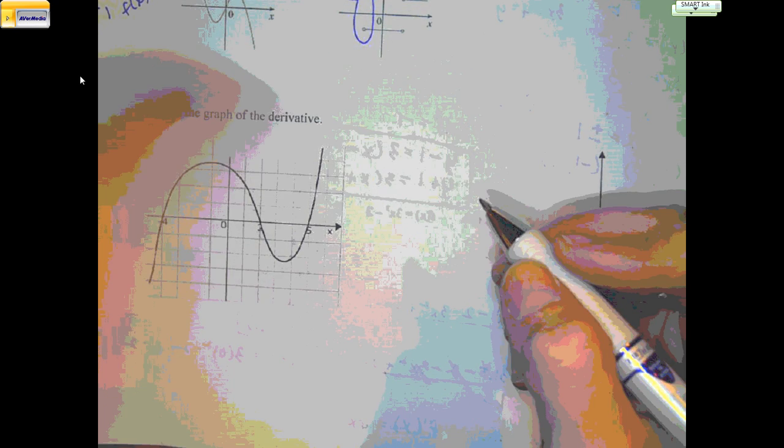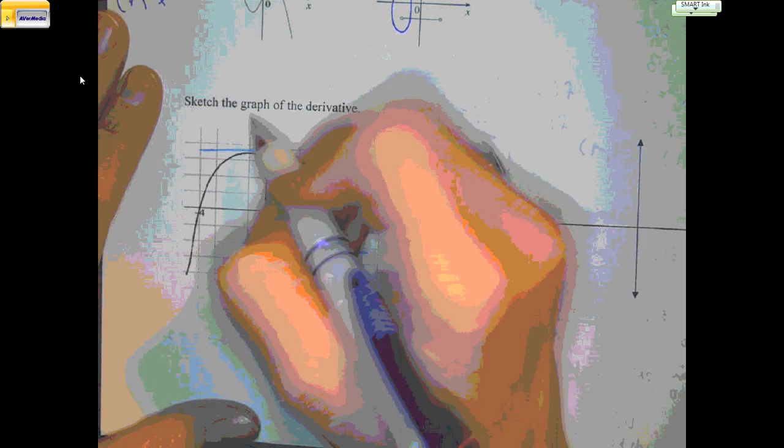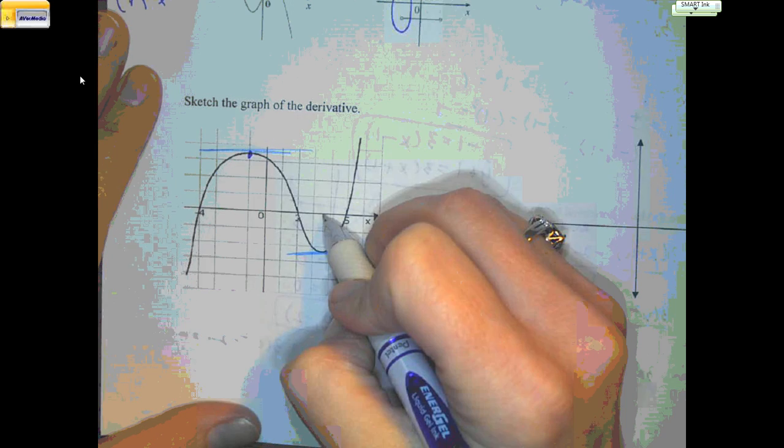Sketching the graph of the derivative. All right, let's talk about this. Are there places on this graph where the slope of the tangent line is going to be 0? Yeah, that's going to happen right here and right here, when x is -1 and when x is about 3.5.